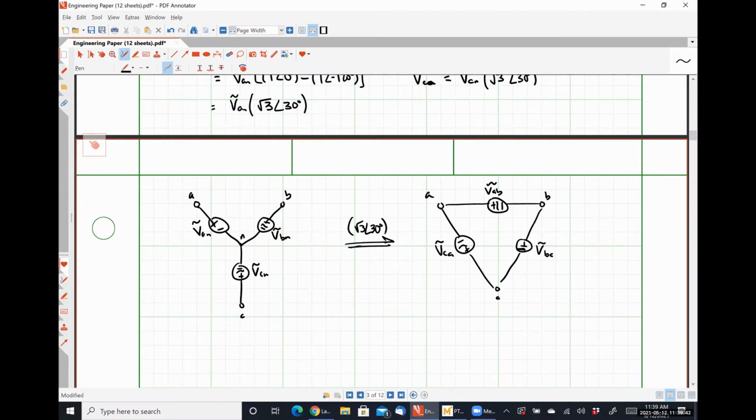So I can go from the left to the right by multiplying my quantities by root 3 angle 30 degrees. So if I want to do the inverse of this transformation, where I convert from a delta connected system to make it look like a Y connected system, what do you think I have to do? Divide by that quantity, right? So to go the other way around, I simply multiply by a factor of 1 over the square root of 3, and I subtract 30 degrees. So this is the means by which I can convert from Y to delta for a source and from delta to Y for a source. So we have developed a transformation.